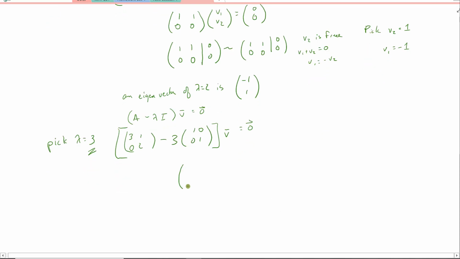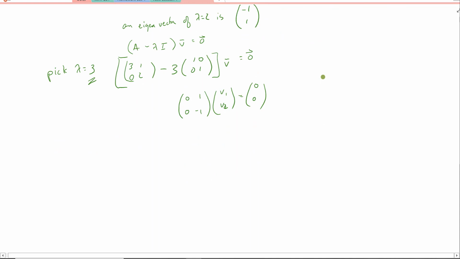When we clean this up, 3 minus 3 times 1 is 0. 1 minus 3 times 0 is still 1. 0 minus 3 times 0 is 0. And 2 minus 3 times 1 is negative 1. That's our matrix of coefficients times v1, v2, and we want that to equal the 0 vector, 0, 0.